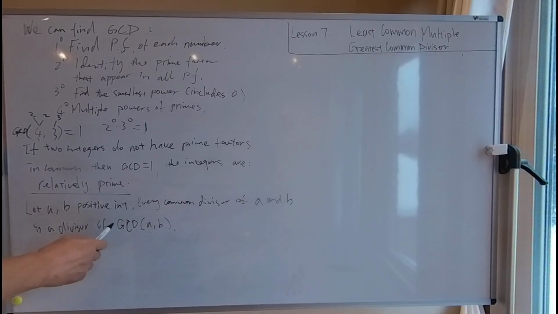And if it's smaller than or equal to the greatest common divisor, then this number must be a divisor of the greatest common divisor.